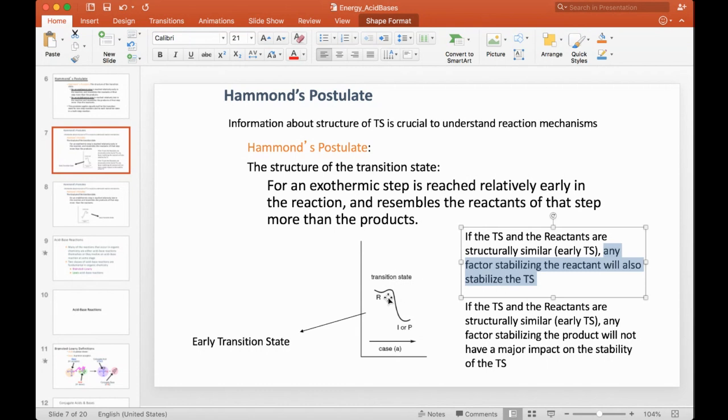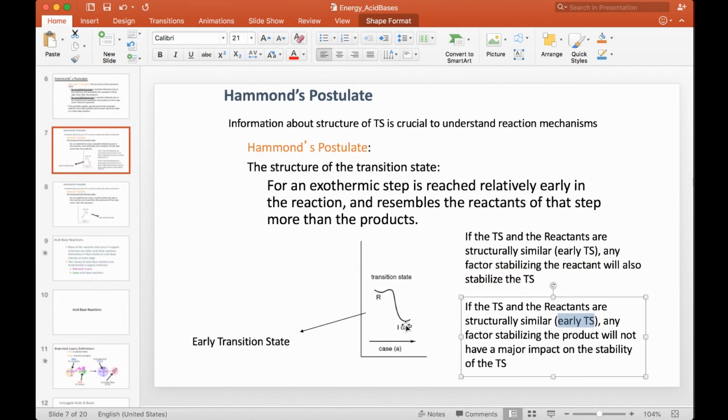Okay. On the opposite, if the transition state is early, factors making the product more stable, the product of that step, will not impact a lot the stability of the transition state because structurally they are not that similar. Okay.